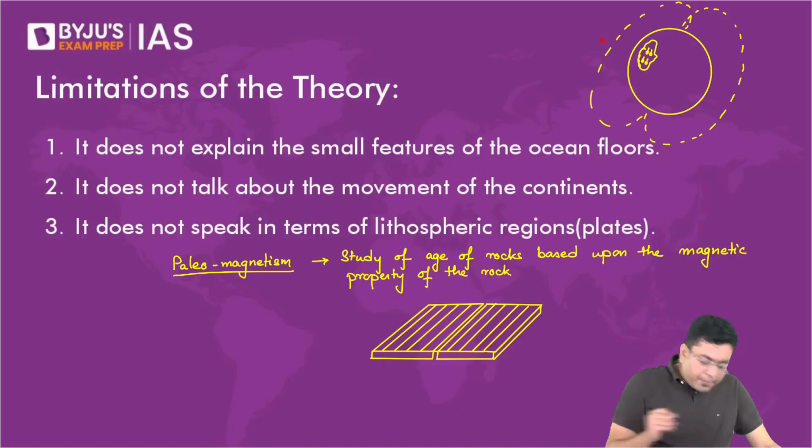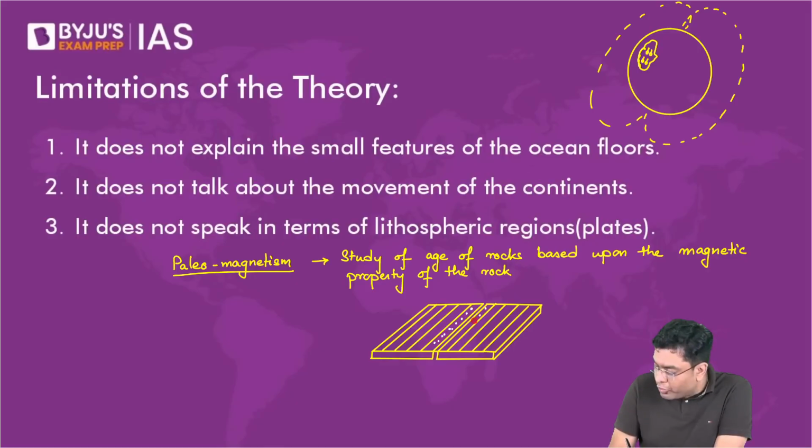And to their surprise, they found that the magnetic fields indicated by the rocks are similar on both sides of the mid-oceanic ridge.